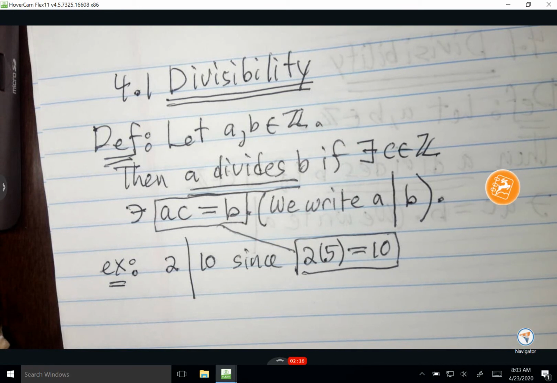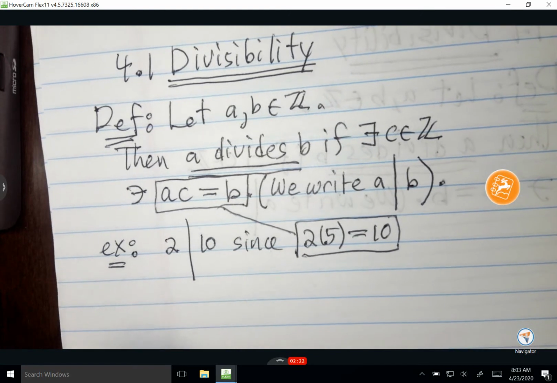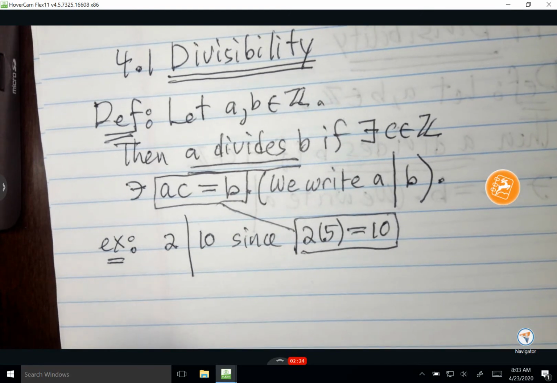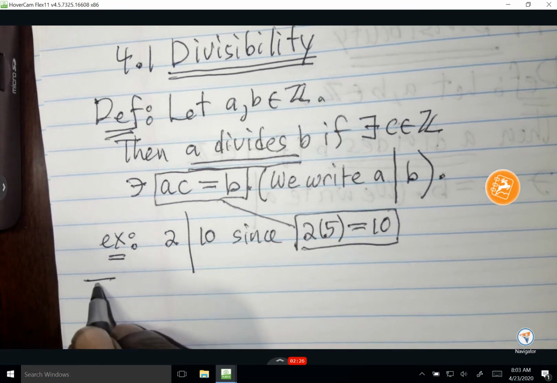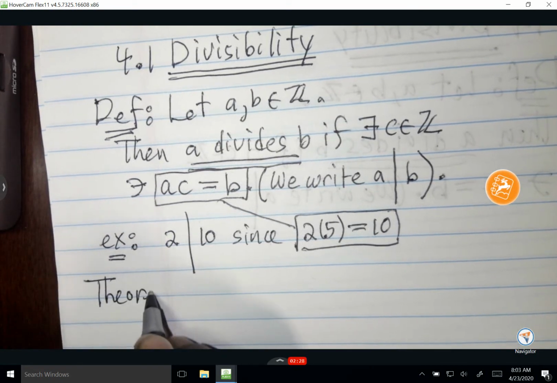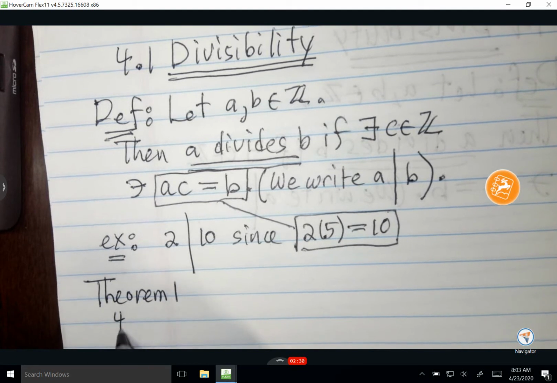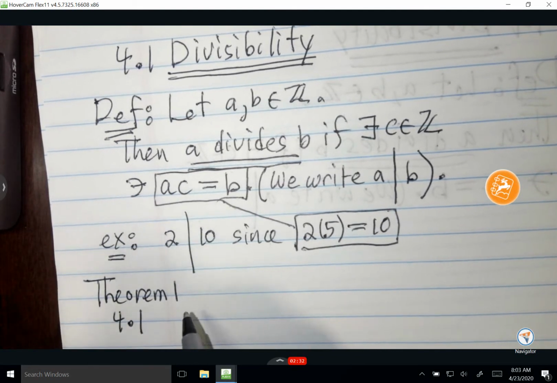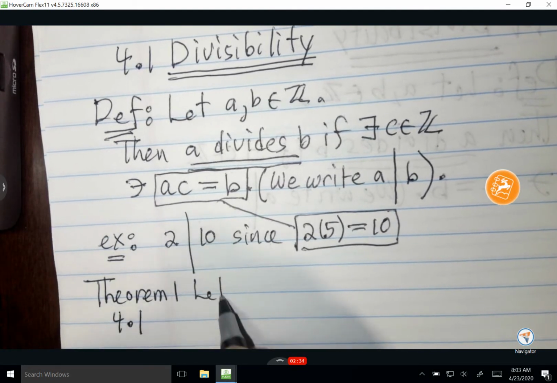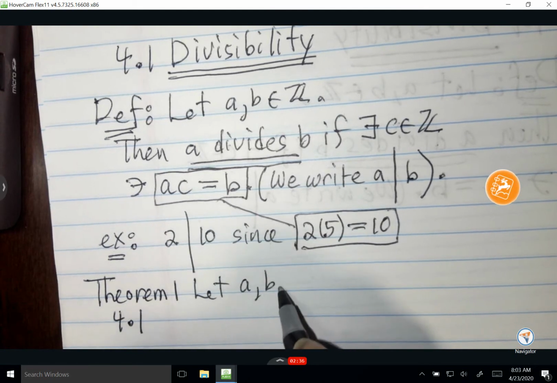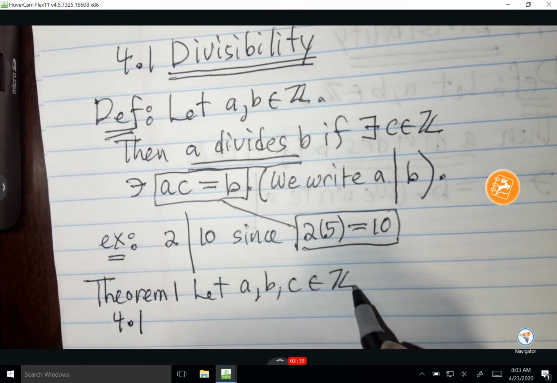With that being said, now you can prove bunches of stuff about divisibility. Just countless things. And the first thing is Theorem 1 in 4.1. Let A, B, and C be integers.